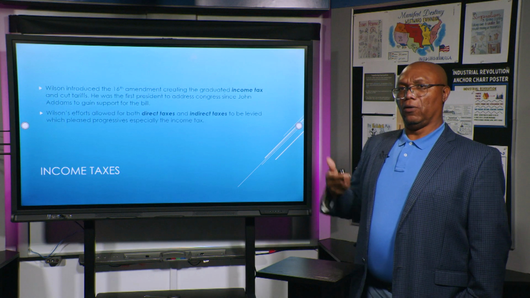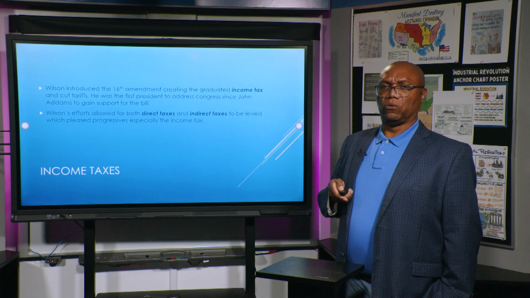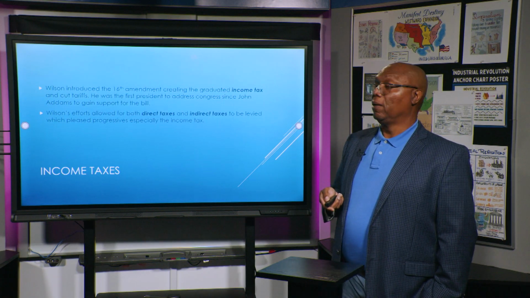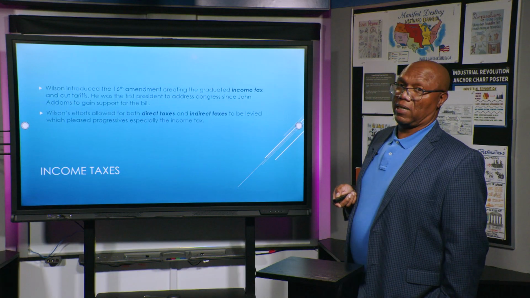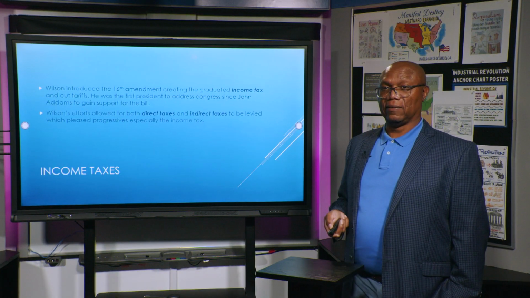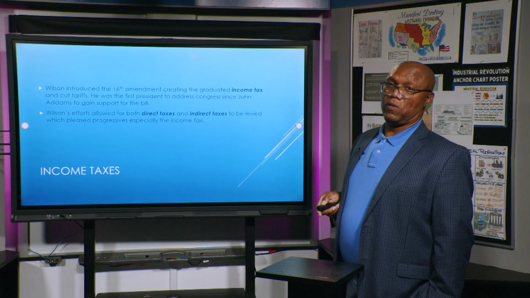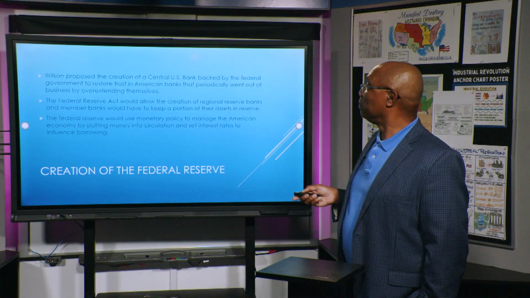And in looking at it, the government in some cases was reluctant to do those direct taxes. And then, of course, the creation of indirect taxes. The indirect taxes would be like sales taxes, excise taxes, and the income tax. We're going to find that what Wilson does is create the 16th Amendment.